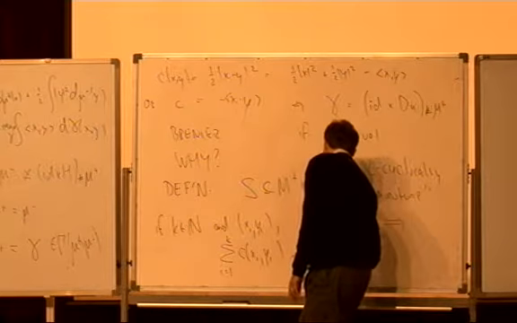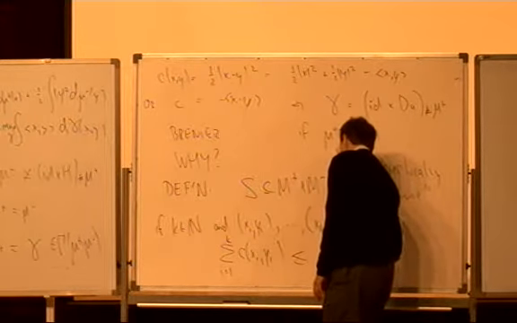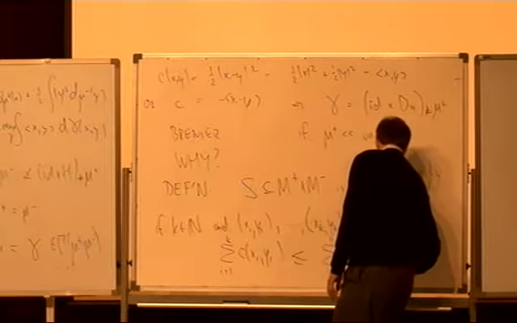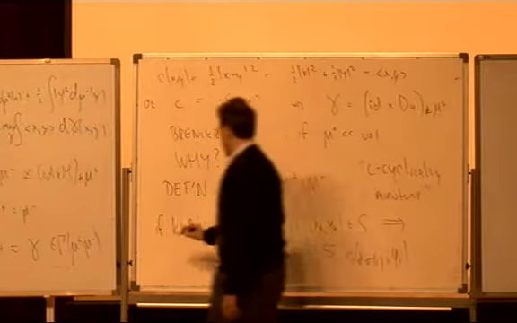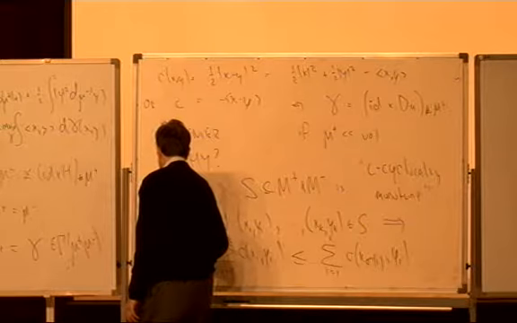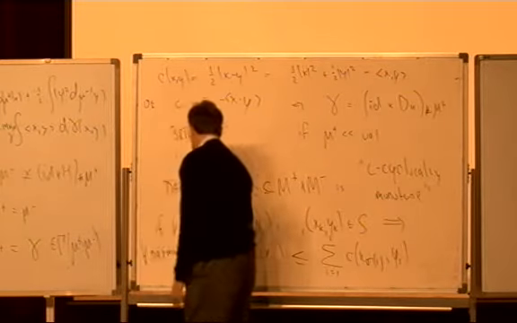So I expect an inequality like this. If I permute the x's with respect to the y's, the sum of the cost should be larger. So this is for every permutation sigma on k letters.